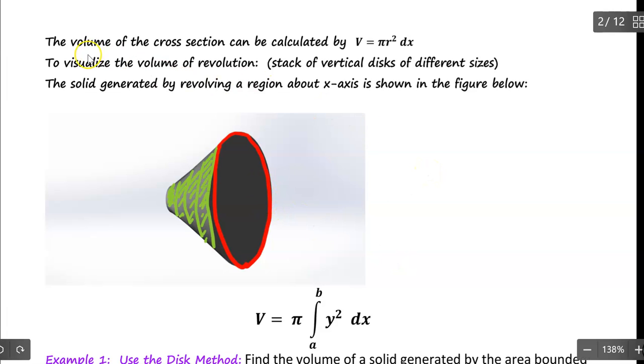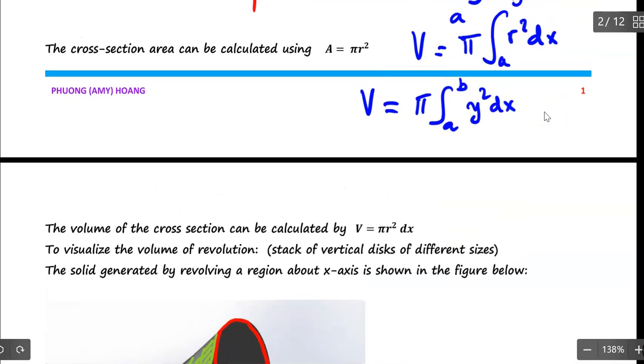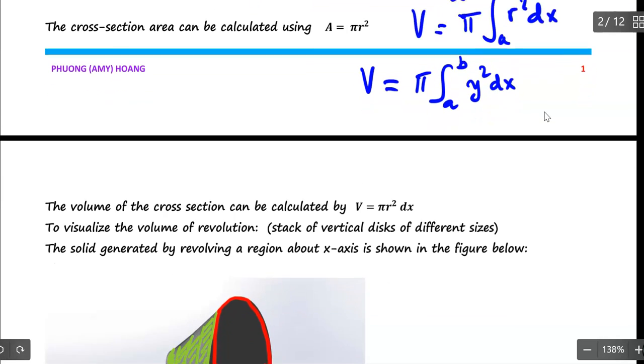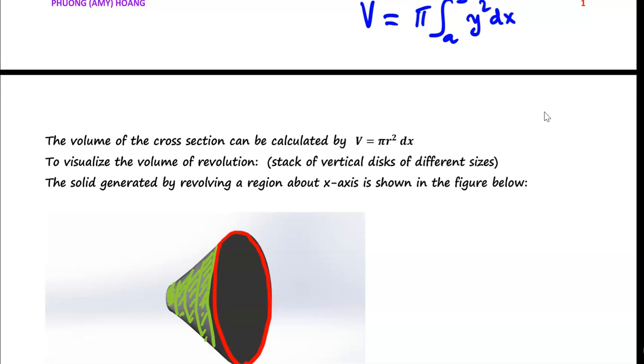So I put a few points here for everyone to see. The volume of the cross-section can be calculated by V equals pi r squared times dx, which is very clear from what I explained up here. The cross-section area right here is A equals pi r squared. And to find the volume, this is your dx right there.